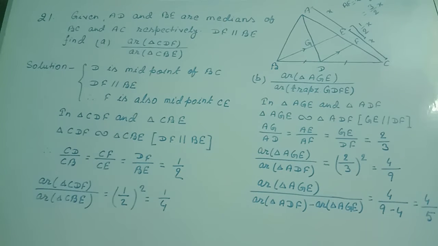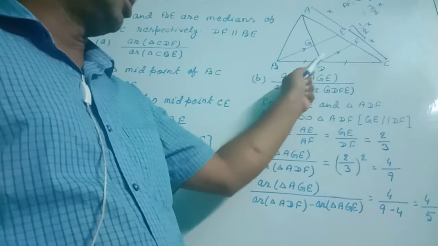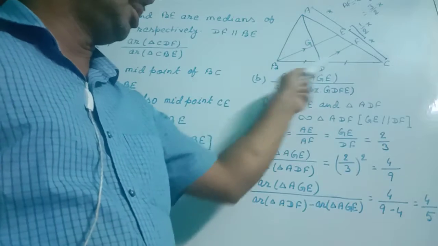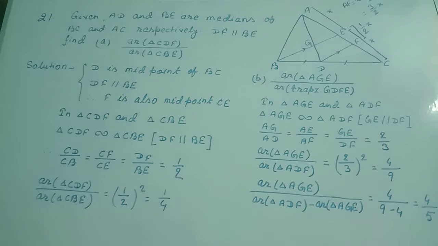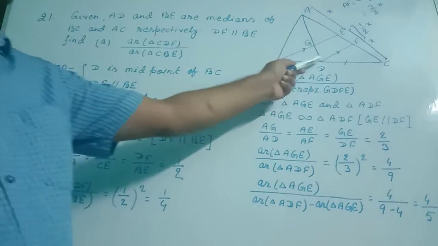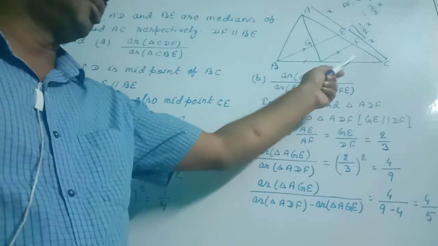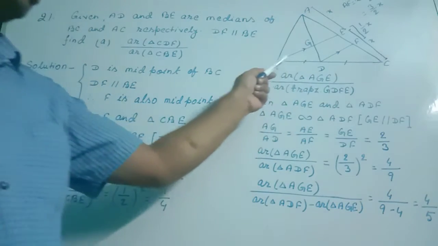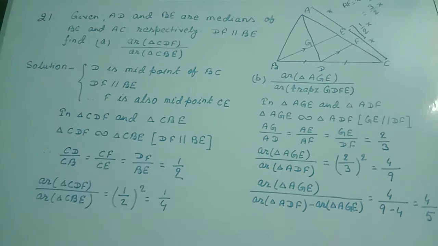In the second paragraph, I proved these two triangles CDF and CBE are similar. Yes, these two triangles will be similar because DF is parallel to BE, so triangle CDF is similar to triangle CBE from basic proportionality theorem.